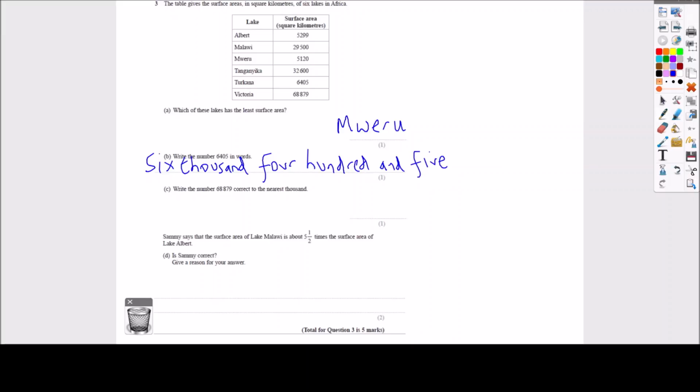Now for part C, write this number correct to the nearest thousand. Now that's either going to be 68,000 or 69,000, and because it's over 68,500, that is closer to 69,000.